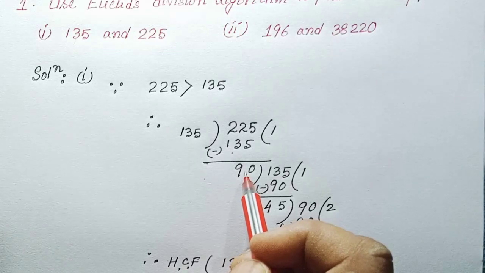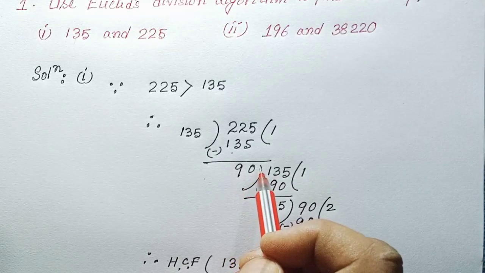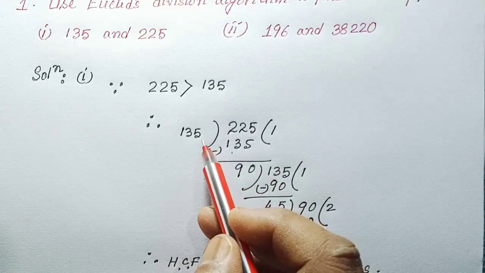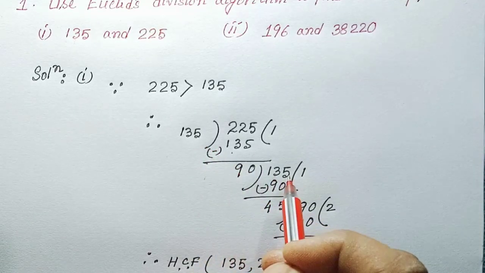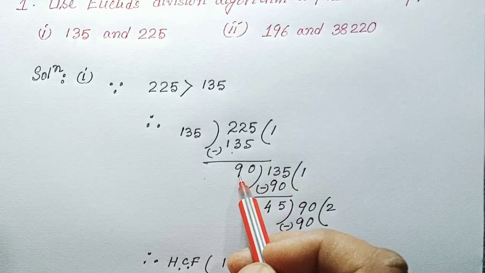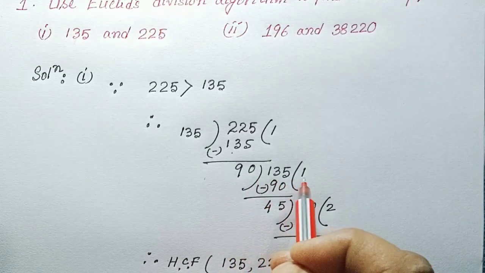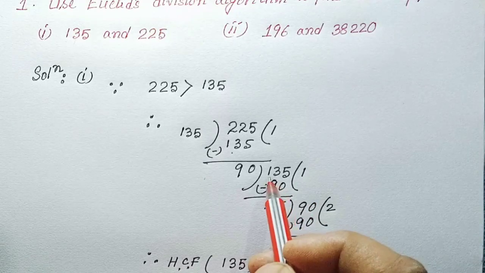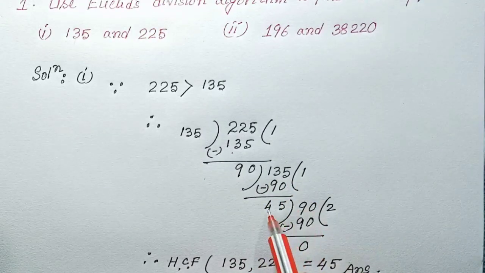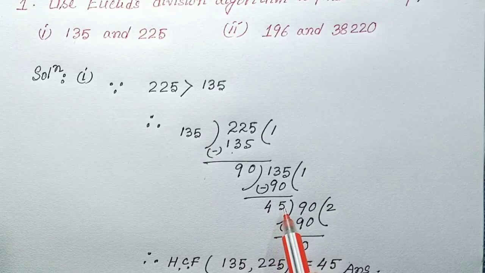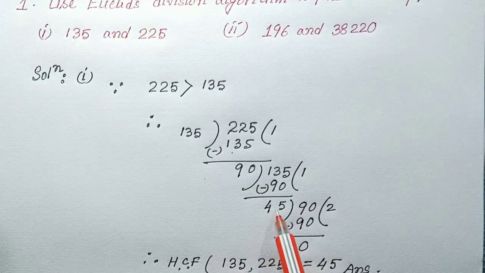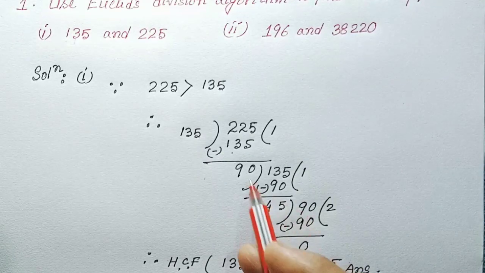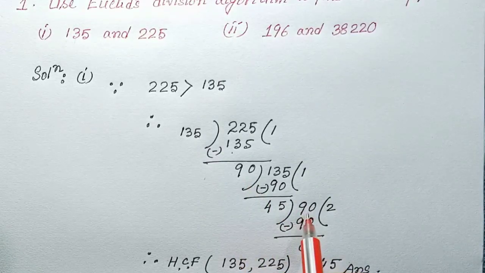Now this remainder 90 becomes the divisor, and we are going to divide the previous divisor 135. Now 90 will go in 135 one time, so we write 90 here. After deducting it from 135, we get 45 as the remainder. Now this remainder becomes the new divisor and the previous divisor becomes the dividend.